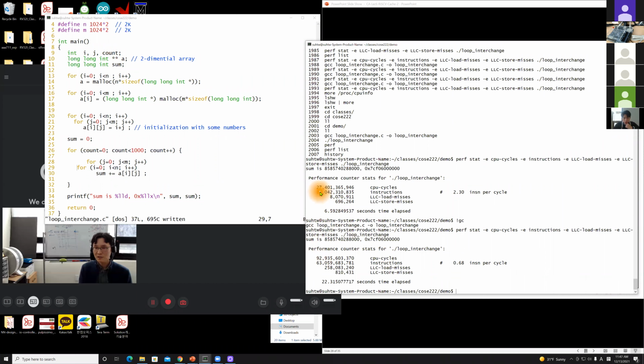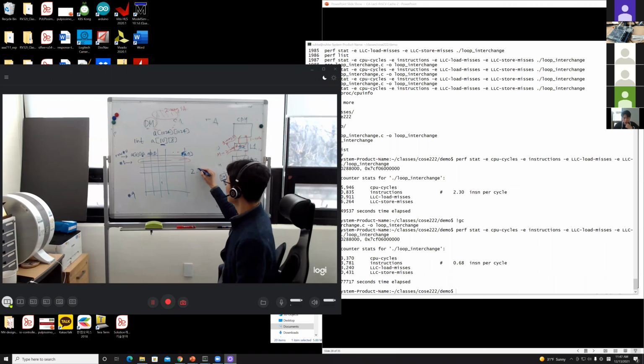So on average, each clock cycle, the CPU was able to execute 2.3 instructions per clock cycle for the cache friendly code, versus 0.68 instructions per clock cycle for this one.